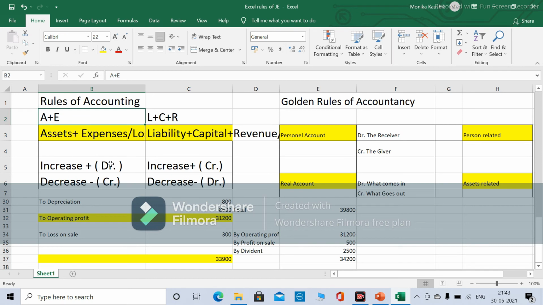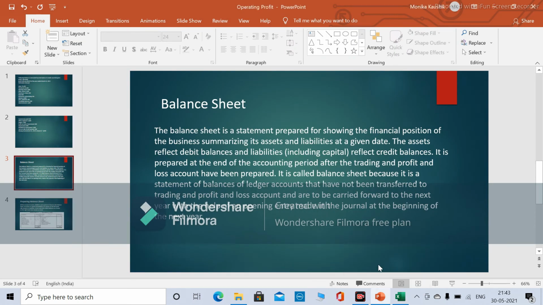Assets have the debit balance, and liabilities or capital have the credit balance. While preparing the balance sheet, we only consider assets and liabilities. On the basis of this formula, we prepare the balance sheet.